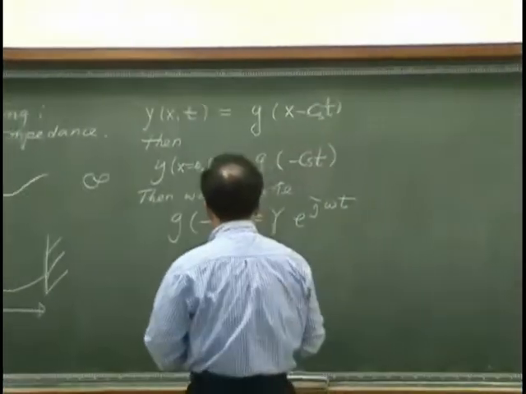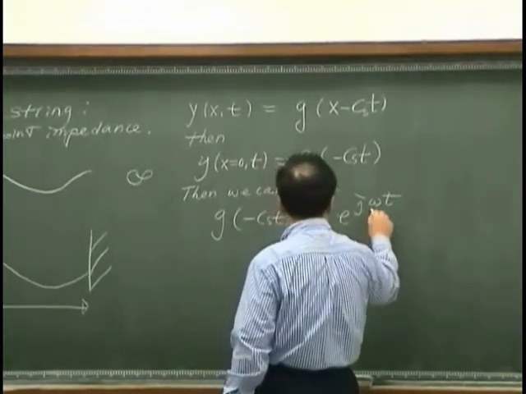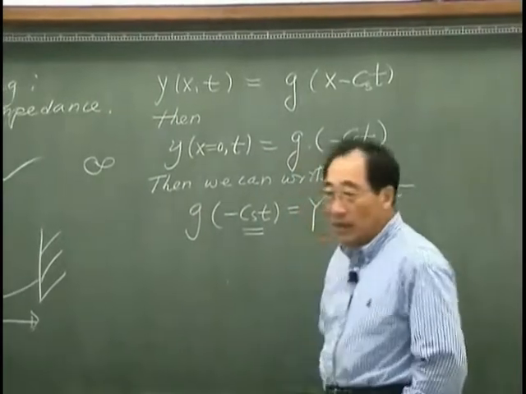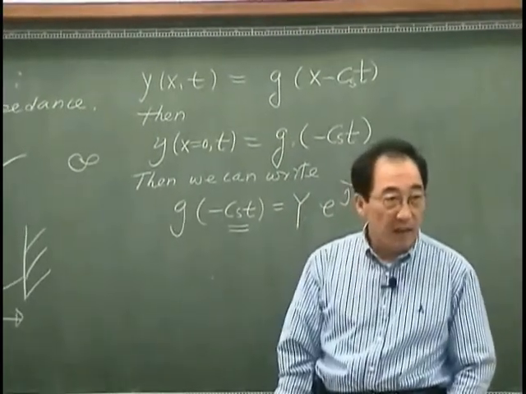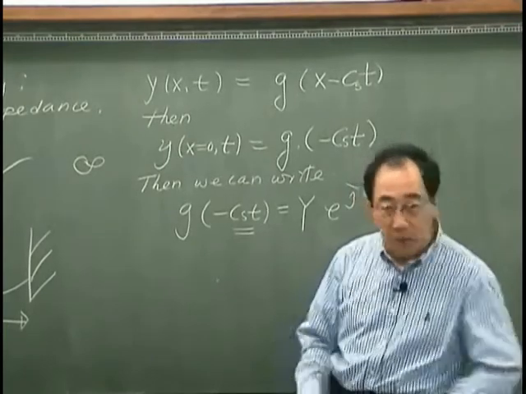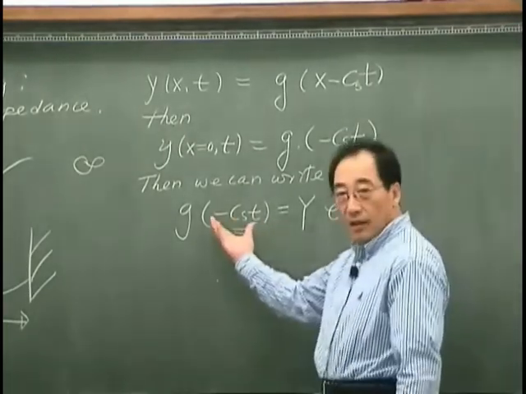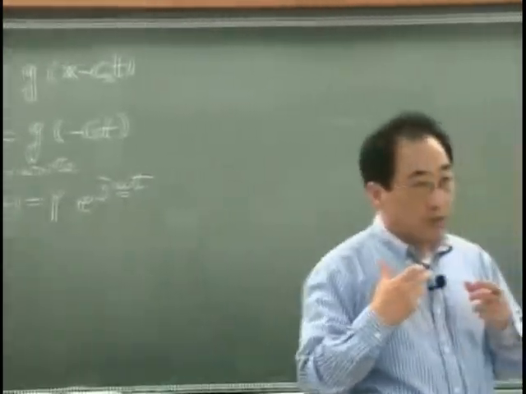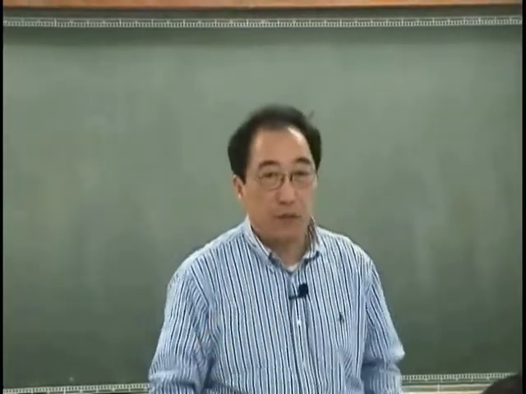Then I can say that, hey, this is a function of omega t, and this is a function of minus c_s t. Therefore, we have to make these two functions, I mean, these two functions must have the same form, right?